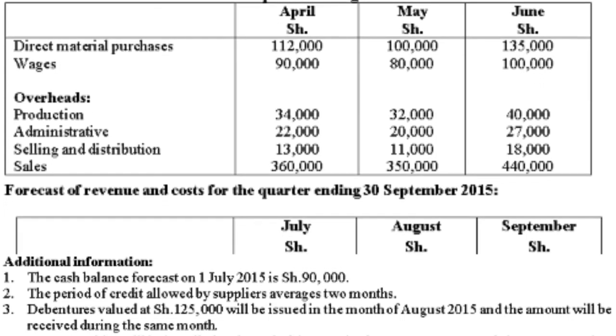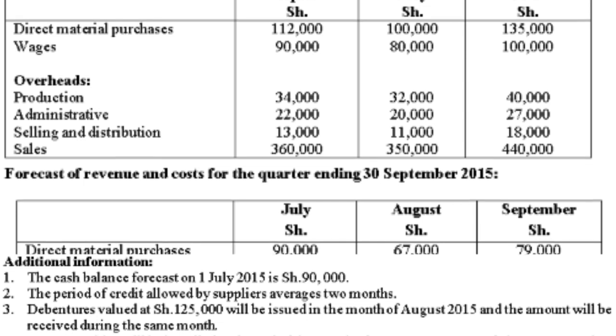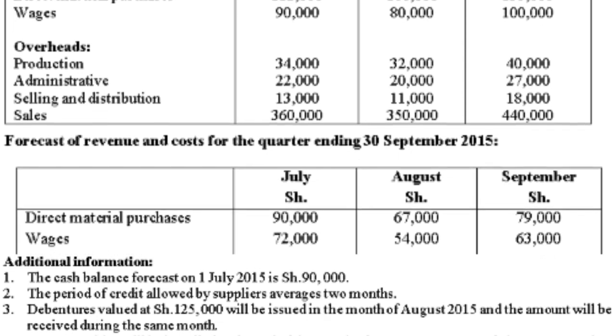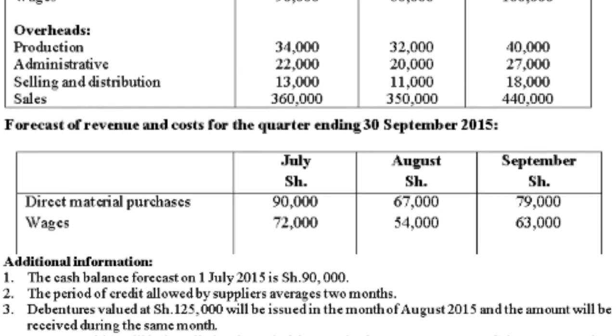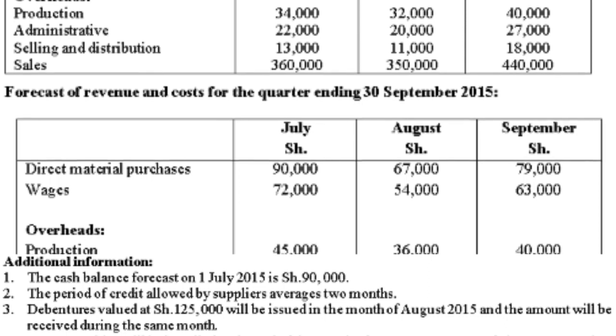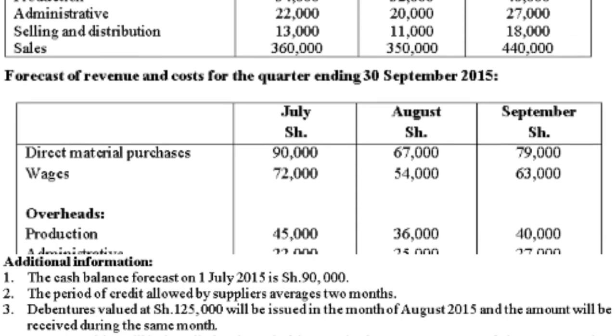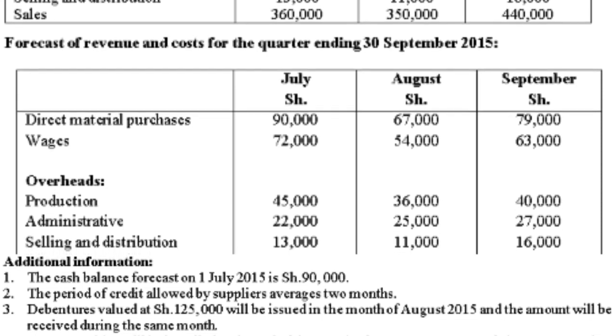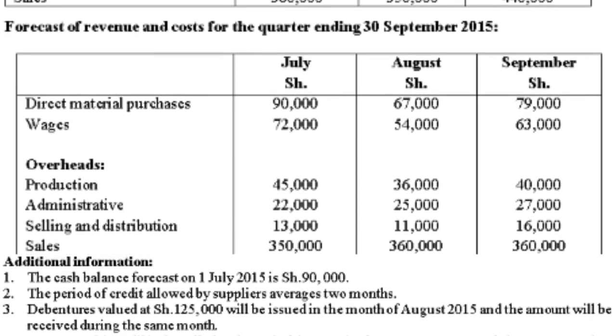Sales, 360,000, 350,000, and 440,000 respectively. Then you have forecast of revenue and cost for the quarter ending 30th of September 2015, for July, August, and September. Direct material purchases 90,000, 67,000, and 79,000. Wages 72,000, 54,000, 63,000.